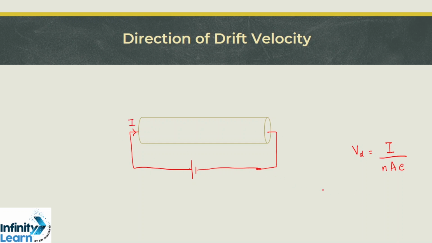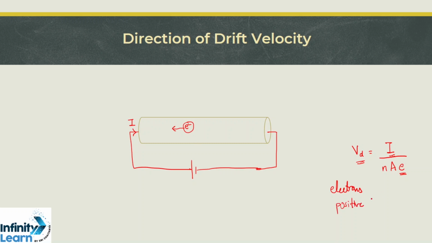So if we talk about negative charges like electrons, the minus sign that comes for the negative charge tells us that the direction of drift velocity will be opposite to the direction of current. So if I have electrons flowing through this conductor, they will be flowing in the direction opposite to the direction of the current.